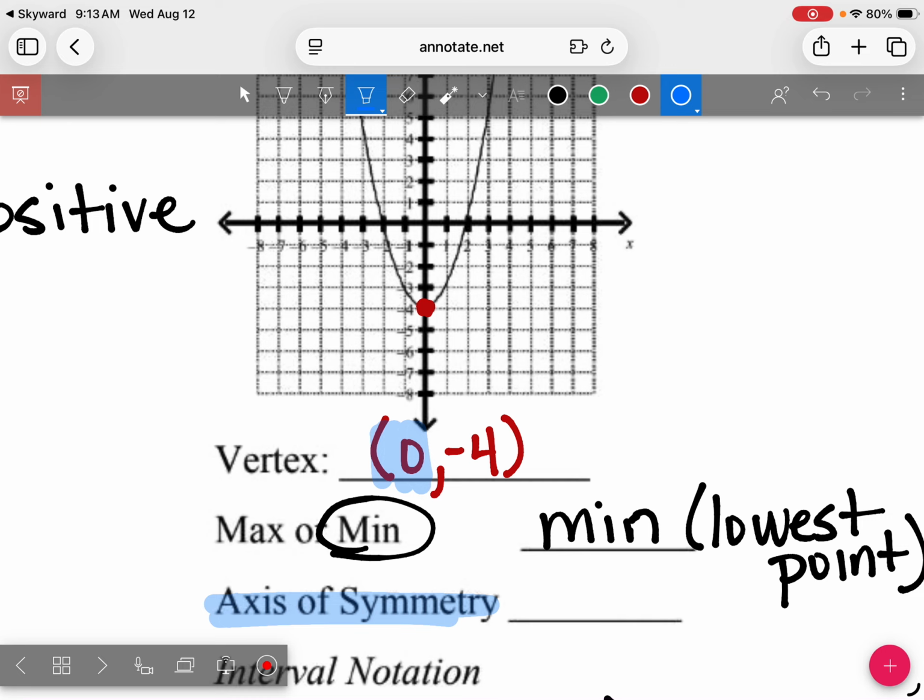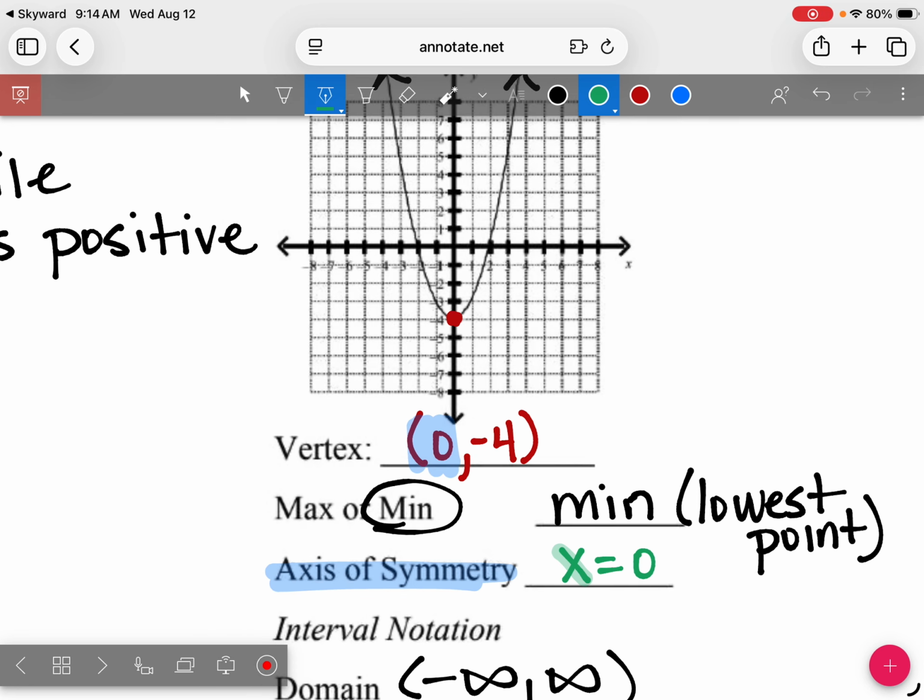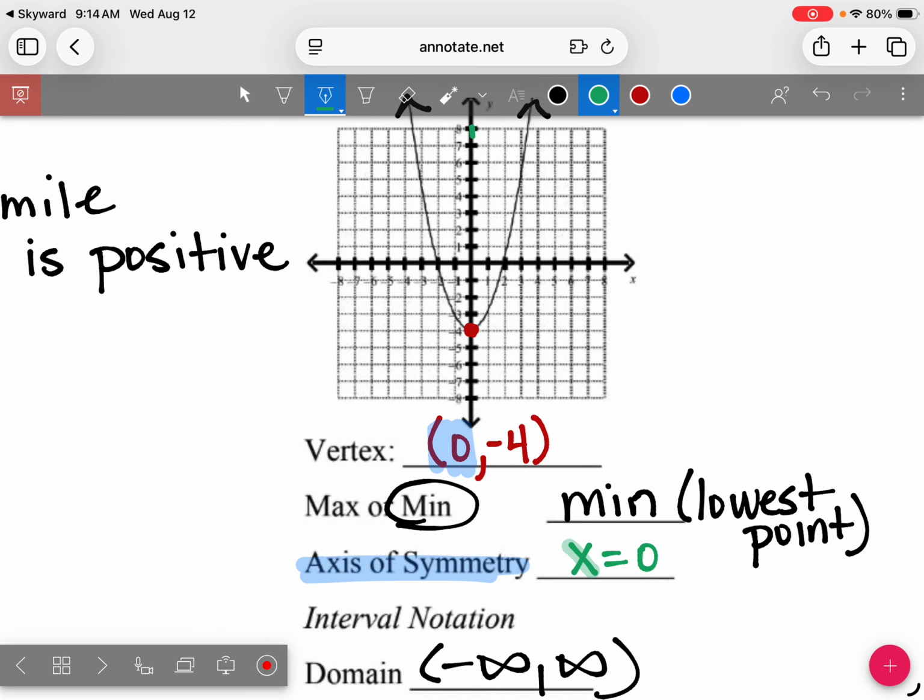And remember, axis of symmetry is the middle line. So at x equals 0, that's going to divide the line in half. So what that means is if I draw a vertical line straight down here, these two halves are the same. So it's like I'm dividing it in half. That's the axis of symmetry. It's the middle line.